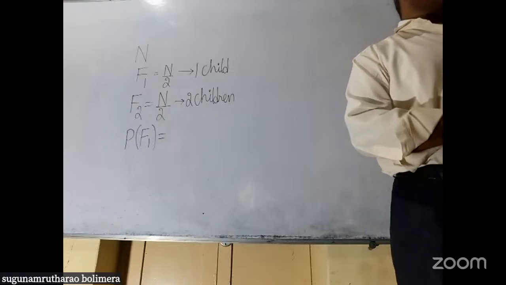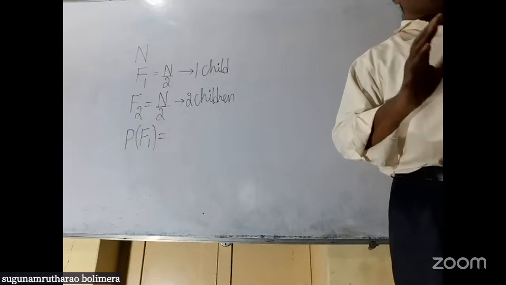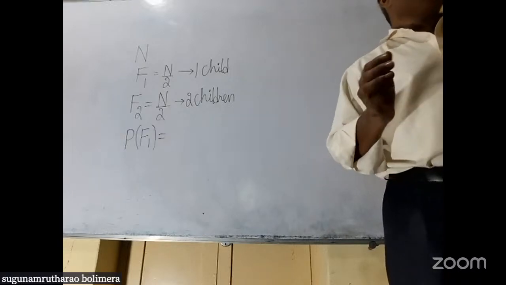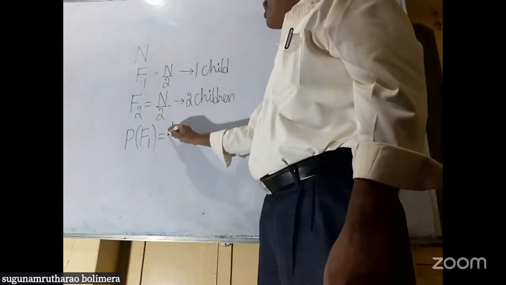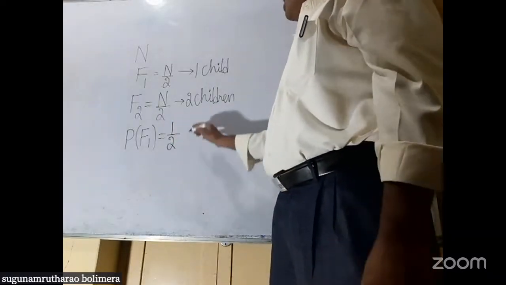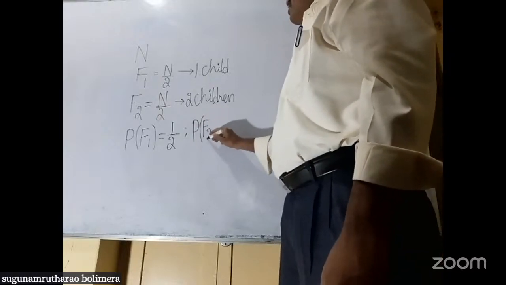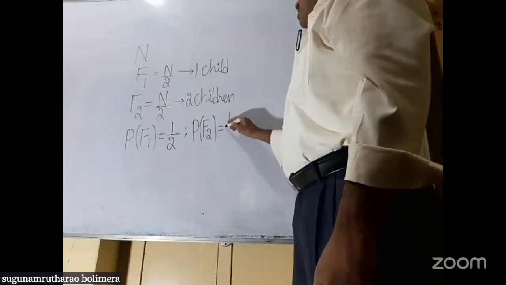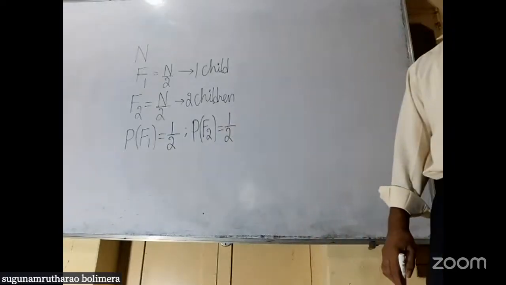Half of the families are having a single child. Half of the families are having two children per family. If half of the families, then P of F1 equals 1 by 2. P of F2 equals again 1 by 2.